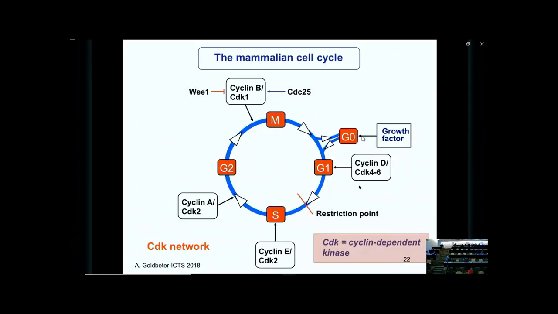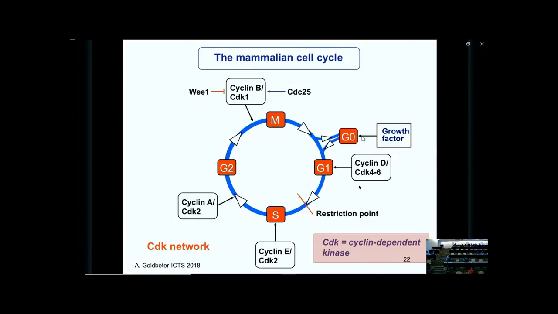But because it's a family, it was renamed. People now talk already for more than 15 years of cyclin-dependent kinases, CDKs. So there are different CDKs which make complexes with different cyclins. So there is a family of cyclins and a family of cyclin-dependent kinases.